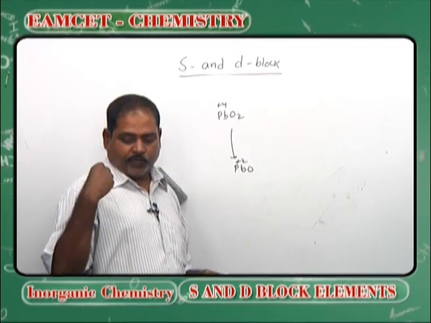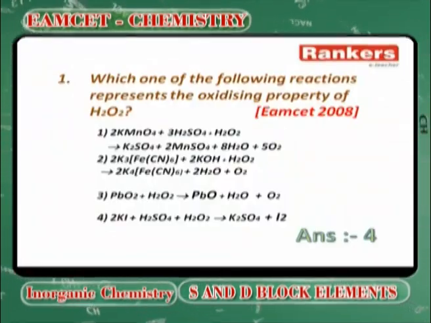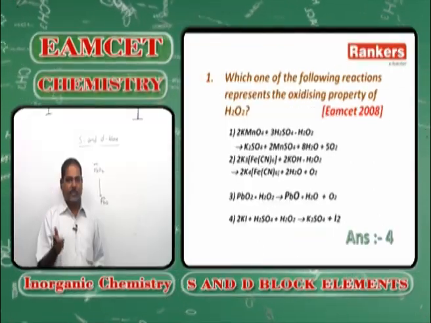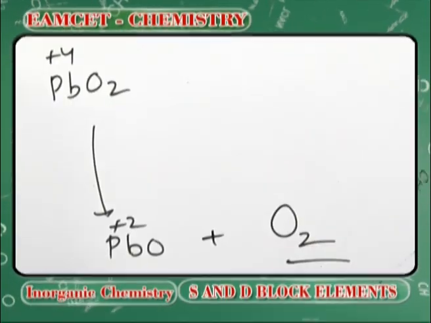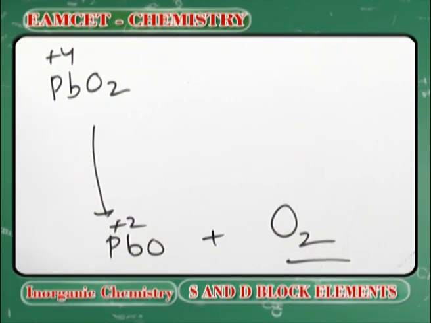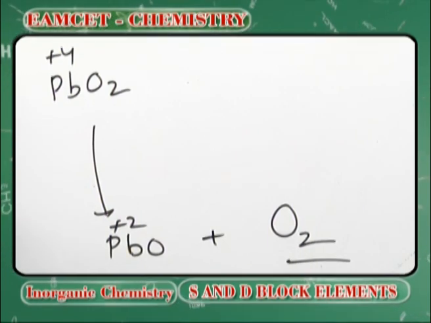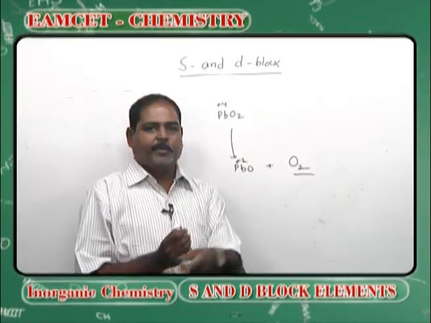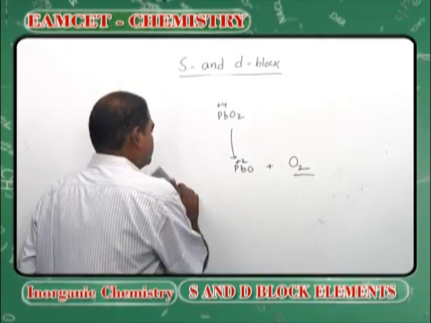So, in the first example reducing agent, second example reducing agent, third example reducing agent, and you observe when H2O2 acts as a reducing agent, one of the products is always oxygen. Remember that. Means H2O2 gives an oxygen, the other fellow gives an oxygen, it becomes O2.